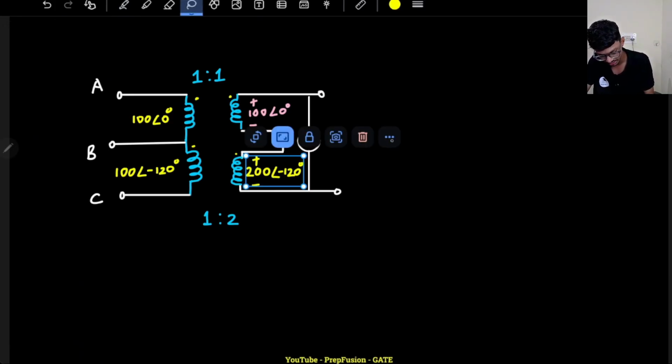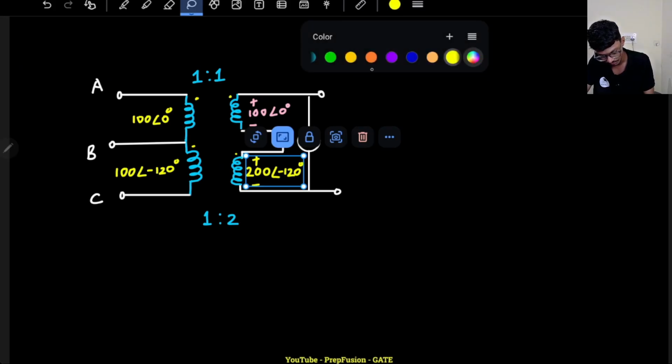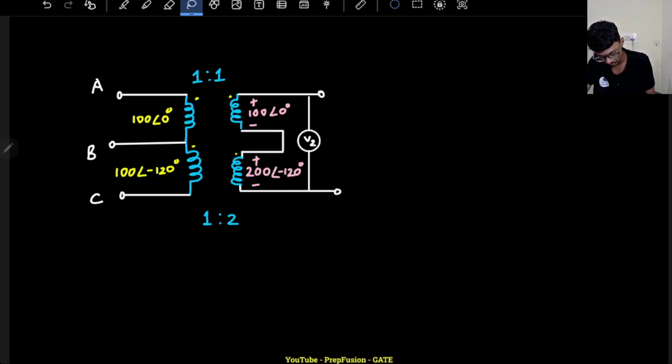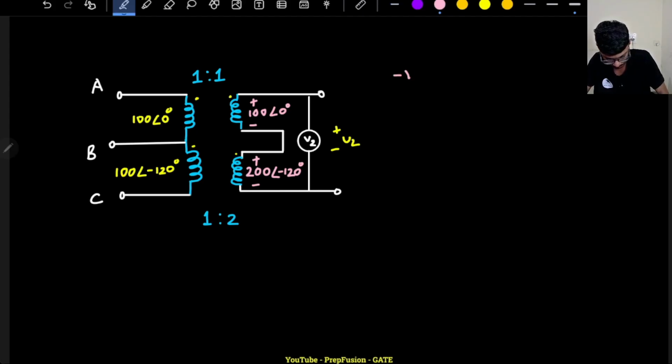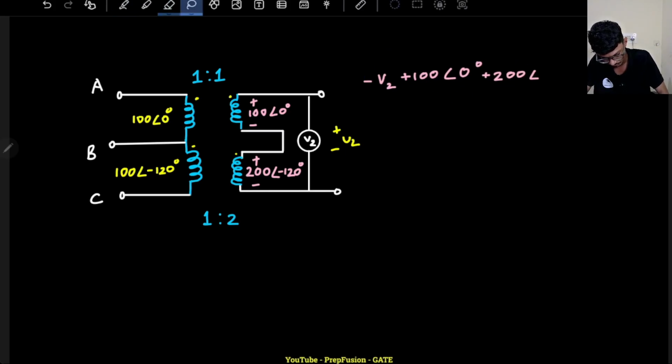Simply use KVL. Let's assume that this voltage is plus minus V2, then I will apply the KVL like this: minus V2 plus 100 angle 0 plus 200 angle minus 120 is equal to 0.